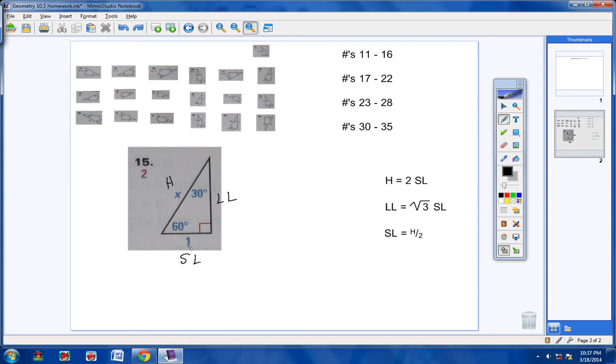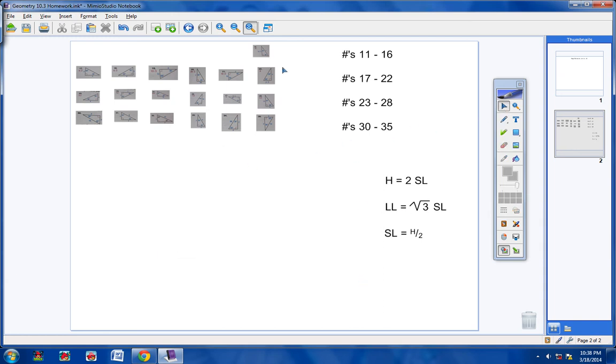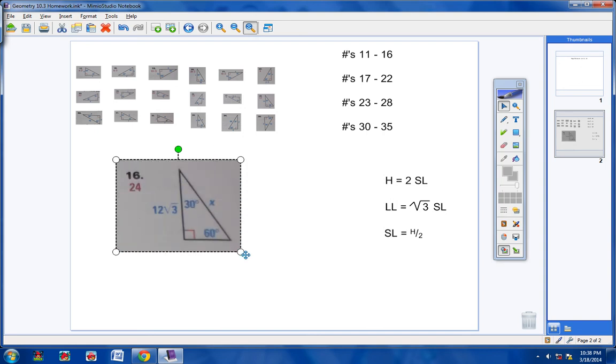So your shorter leg is 1, so 1 times 2 equals 2. So there's the length of your hypotenuse. X equals 2. Okay, really pretty simple. Look, if you know the shorter side, multiply it by 2 and you'll have the length of the hypotenuse. Let me say this though, this only works for a 30, 60, 90 triangle, okay?